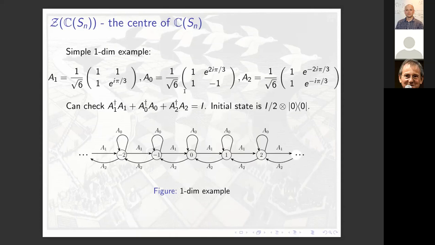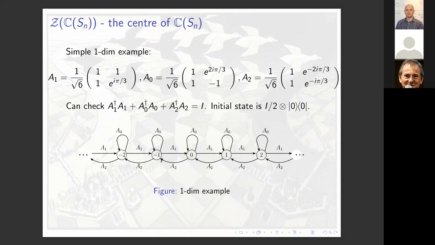Okay, so let's have a look at a very simple example, just a one-dimensional example. I wrote down three operators, A1, A0, A2. They satisfy our normalization condition. Again, just a little illustration of what's happening. A1 is the operator that describes movement to the right.